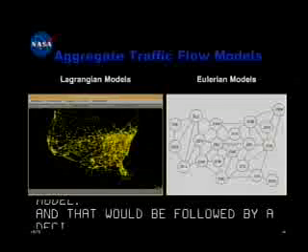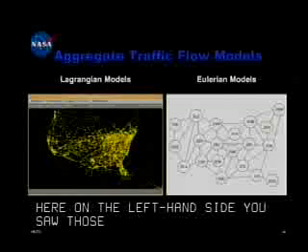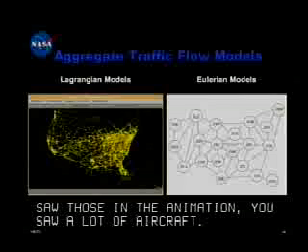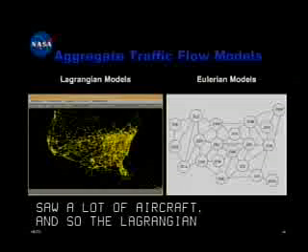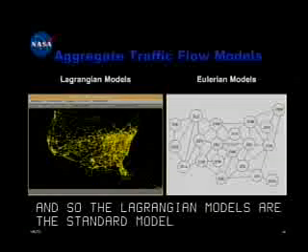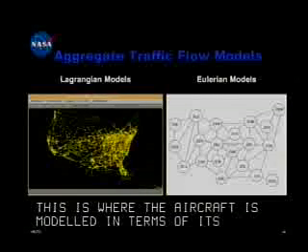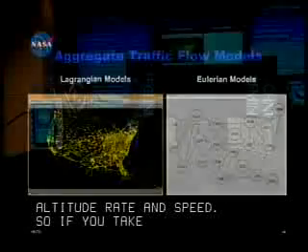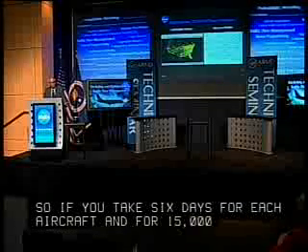Here, on the left-hand side, in the animation, you saw a lot of aircraft. The Lagrangian models are the standard models for the aircraft which you study in flight mechanics. These are where the aircraft is modeled in terms of its X, Y, and Z positions, maybe the altitude rate and the speed. So if you take 6 states for each aircraft, and for 15,000 aircraft, you're really dealing with a dynamic system with 90,000 states.